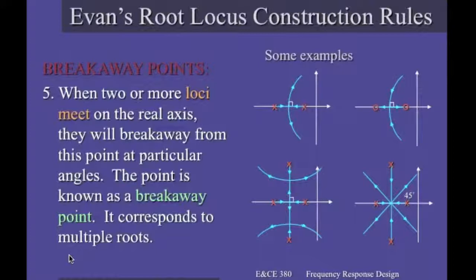There is an intersection point. So there is a breakaway, and at the breakaway point, they are going toward opposite directions. One to the right and the other one to the left. So this is again a breakaway point, but there is a difference. This is a breakaway point for trajectories entering the real axis, whereas the first one is a breakaway point for trajectories leaving the real axis.